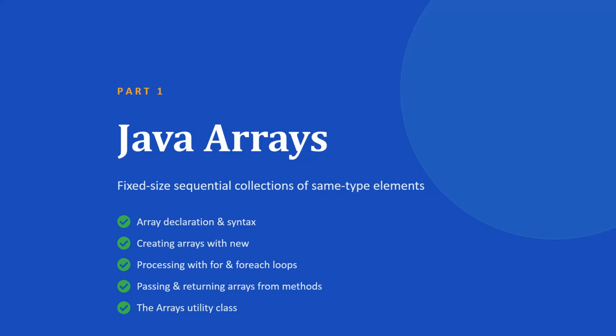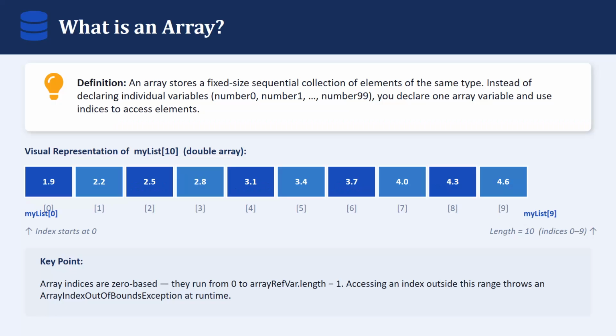So that is creating arrays with new. Then we have processing with for and for-each loops, then passing and returning arrays from methods, and then the Arrays utility class, even though we already finished that in the last example I showed you on the combined for loops.